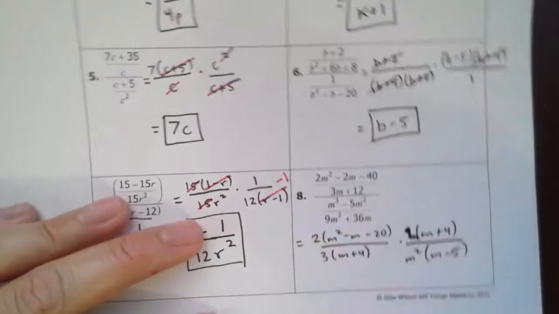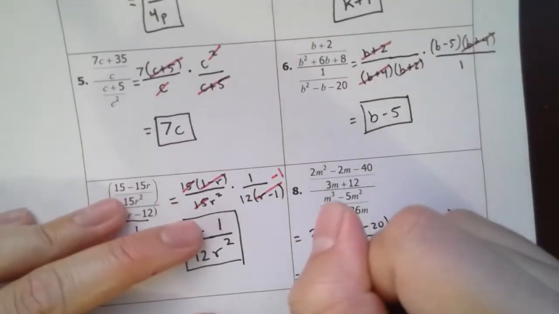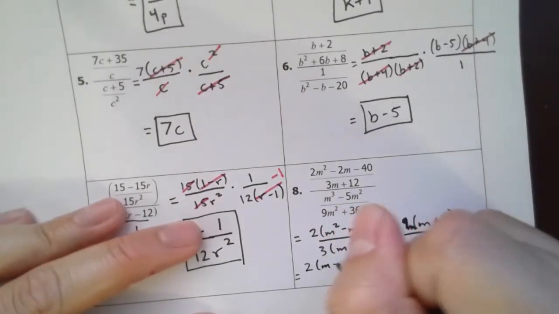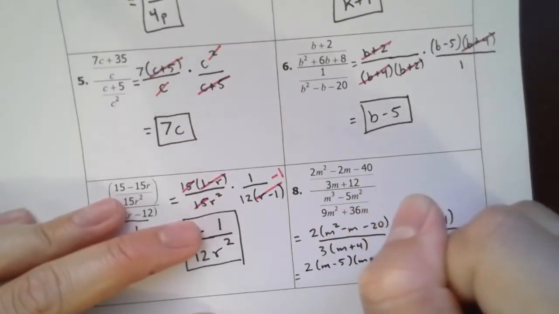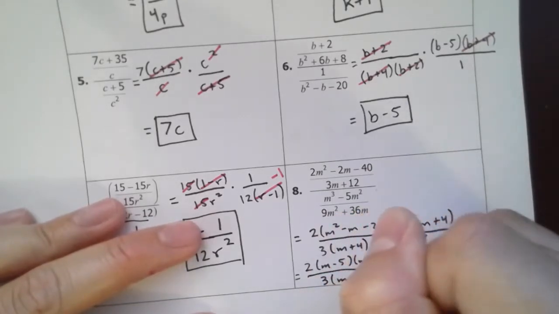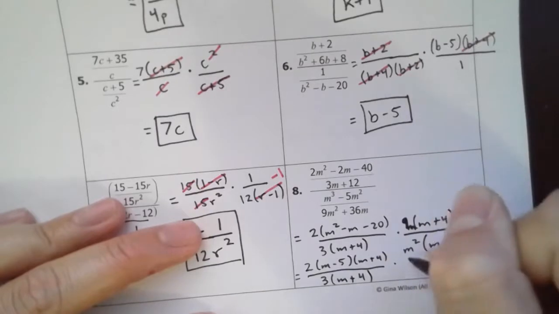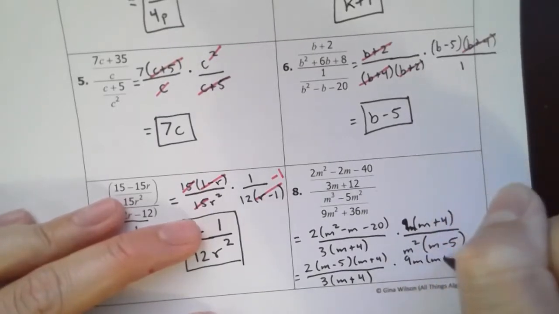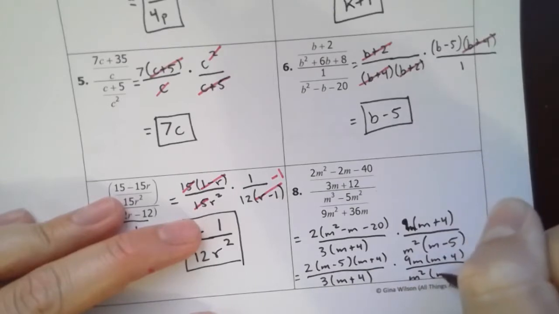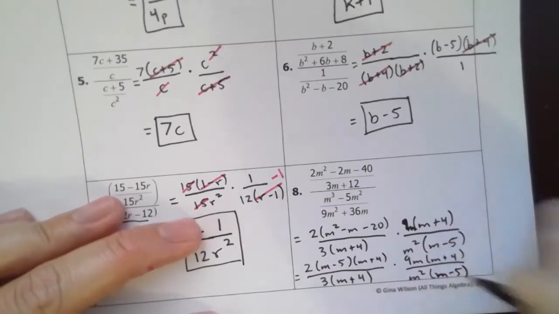Because I didn't write it out, I gotta redo this. M squared minus m minus 20, I can rewrite this as (m minus 5)(m plus 4) all over 3 times (m plus 4), times 9m times (m plus 4) over m squared times (m minus 5).